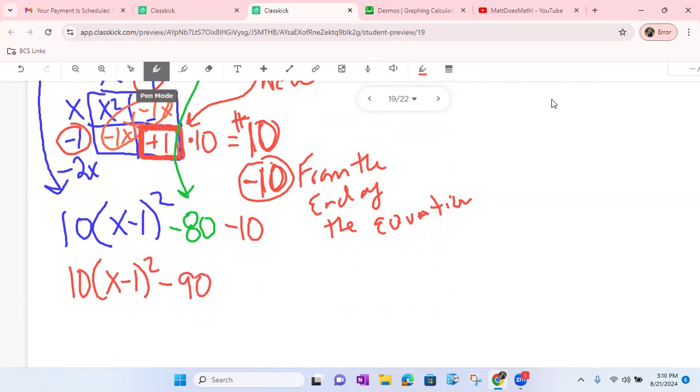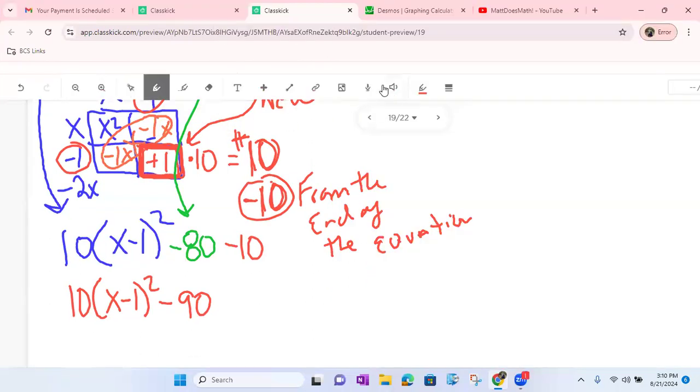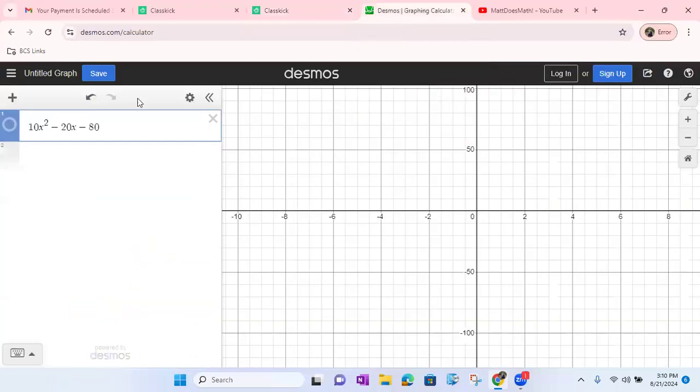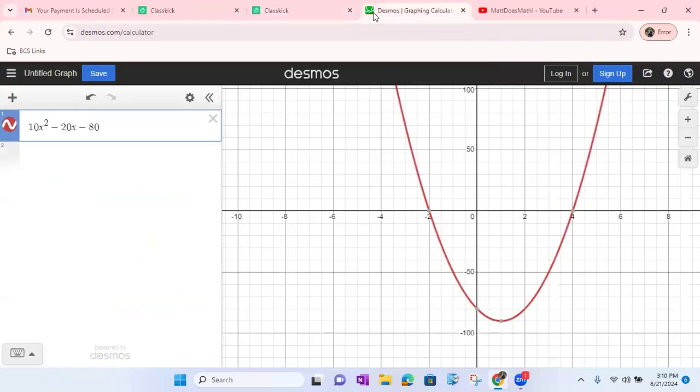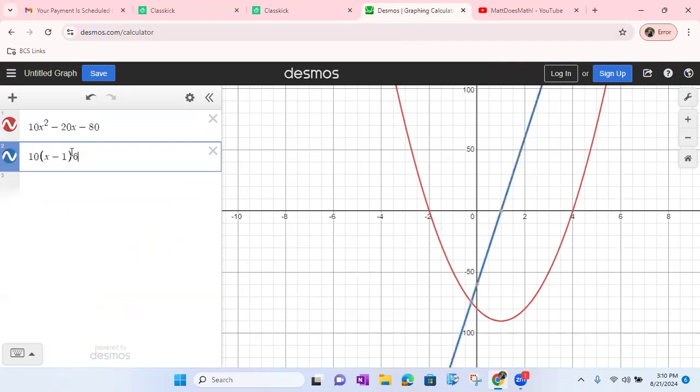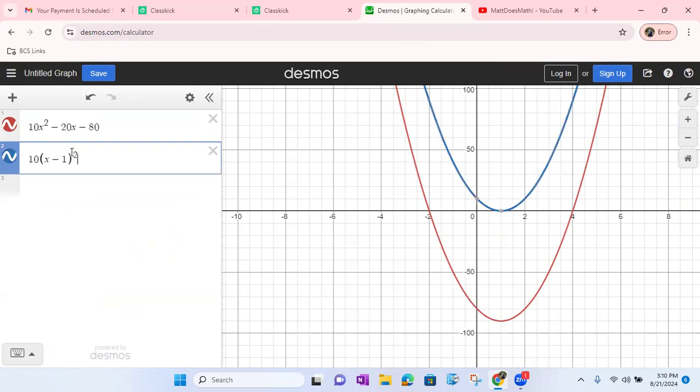Now, we can verify this, and that's what we're always going to do, make sure we verify this. Okay, I'm going to go to Desmos, and we're going to type this in. So here's our first equation right there. And then I'm going to go back and type in our new equation, which is going to be 10 parentheses x minus 1 squared minus 90.